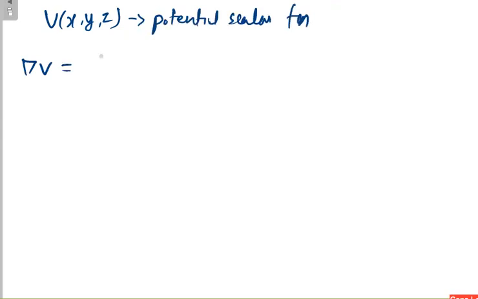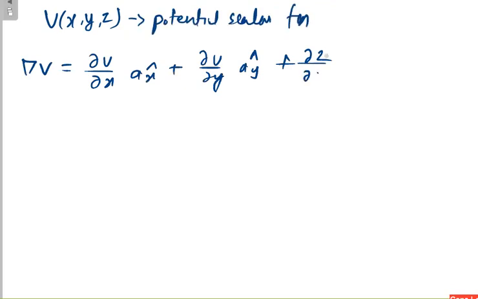The first case is very simple: dV by dx ax cap, dV by dy ay cap, dV by dz az cap. Already I told you how to calculate dV for any function. Already I have given you the formula. What is the gradient formula in the three coordinate systems?